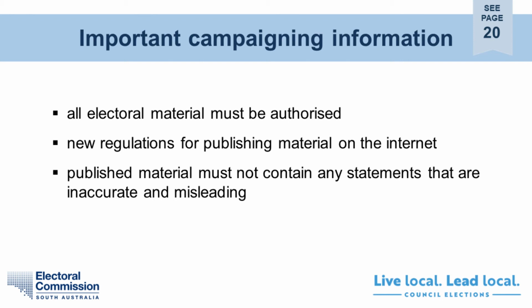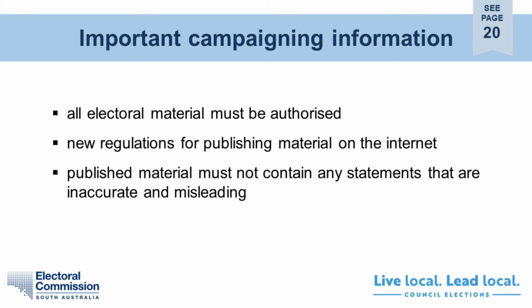In addition to making sure you authorise all your electoral material, you must also be aware that it is an offence under the legislation to publish material that is inaccurate and misleading, or to have published a letter to the editor of a newspaper without the name and address, not a post office box, of the author of the letter.